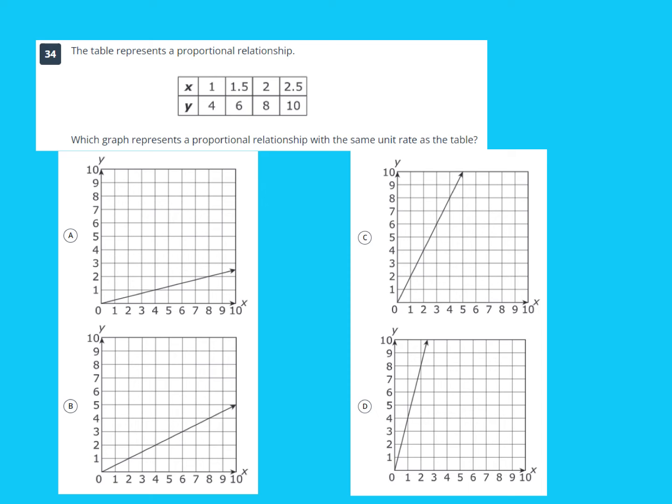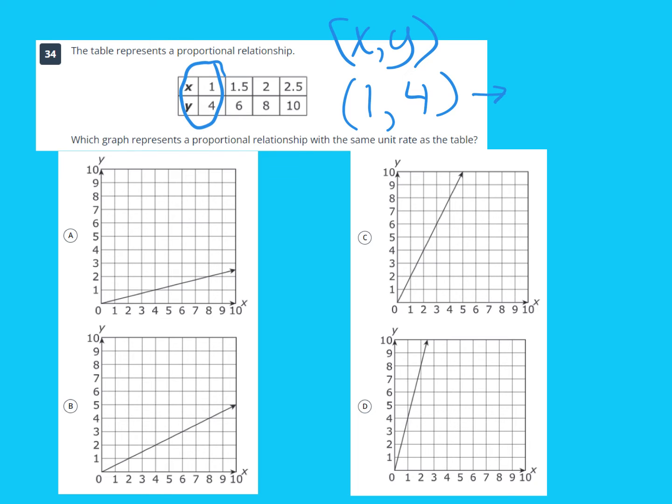The table represents a proportional relationship. Which graph represents a proportional relationship with the same unit rate as the table? So really, we only need to look here, to be honest. X, Y. I'm going to turn my table here, so X, Y. 1, 4.